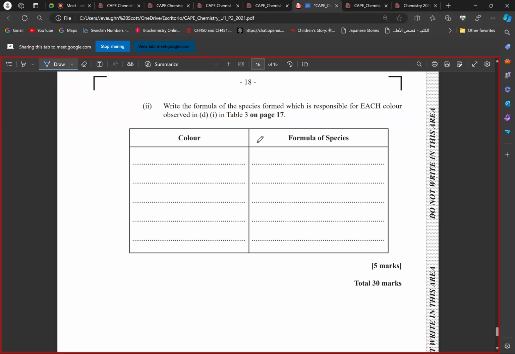Which color would it be? The color yellow is attributed to actually the VO2 plus. The color, you'd have the color like blue.